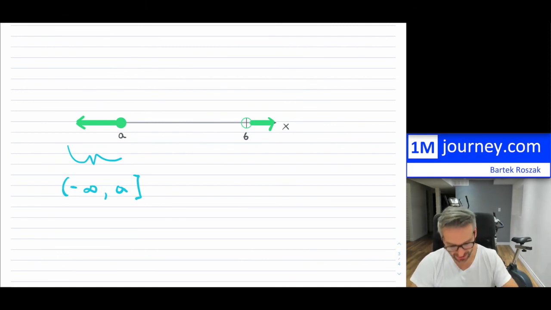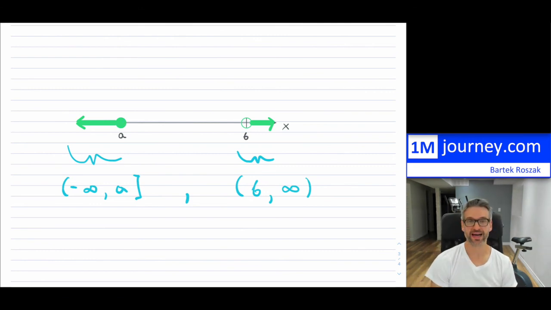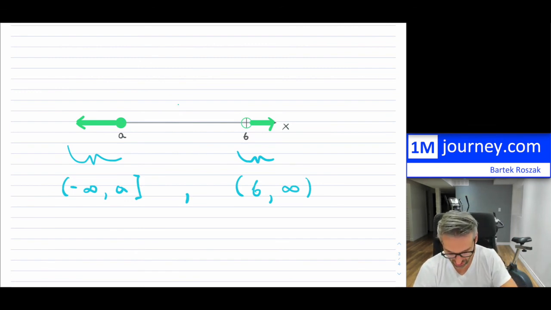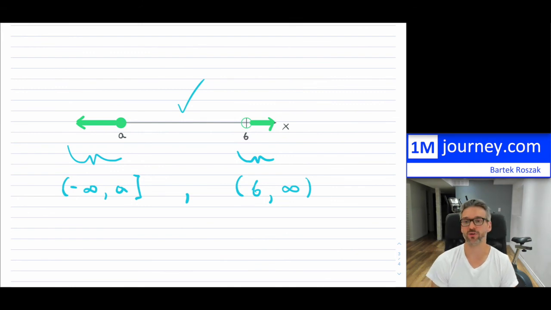And then this right here means I would have a B, and then it would go all the way into infinity, and I would put a comma here, and that's how I would designate this. So you can use multiples of these if you like. And what this excludes is any of these in the middle: between the A and the B, it includes the A but doesn't include the B.